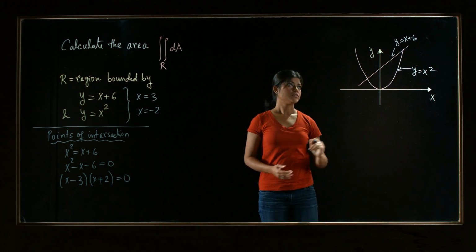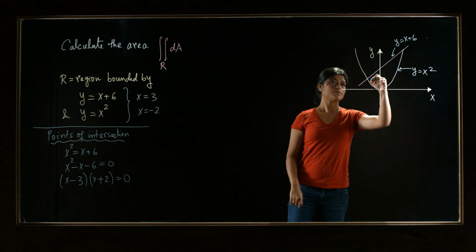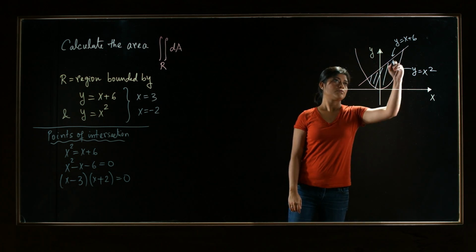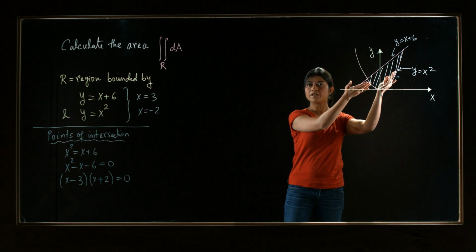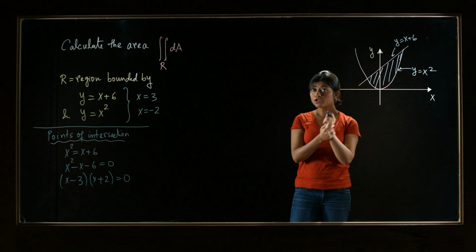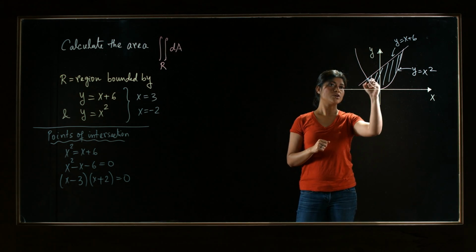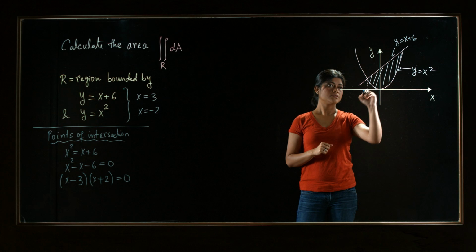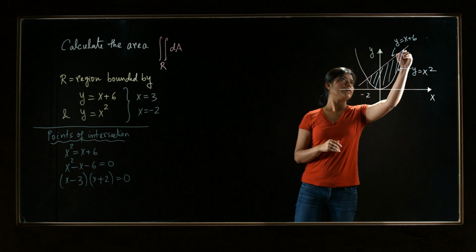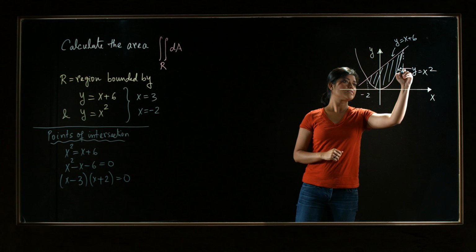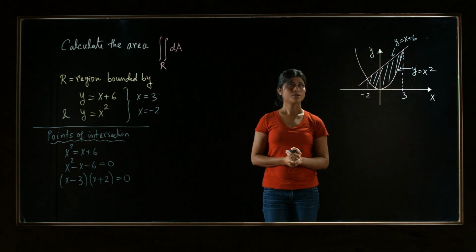So roughly this is what the curves look like, and the region that's bounded by them is right here, and we have to calculate the area of that region. Also we know that they intersect at these 2 points, so this left intersecting point is negative 2, and the right one is 3.